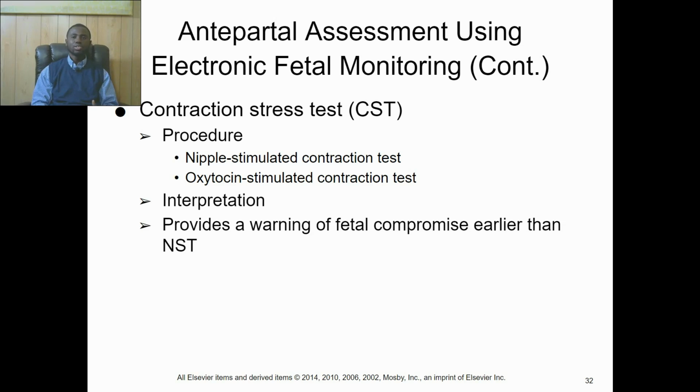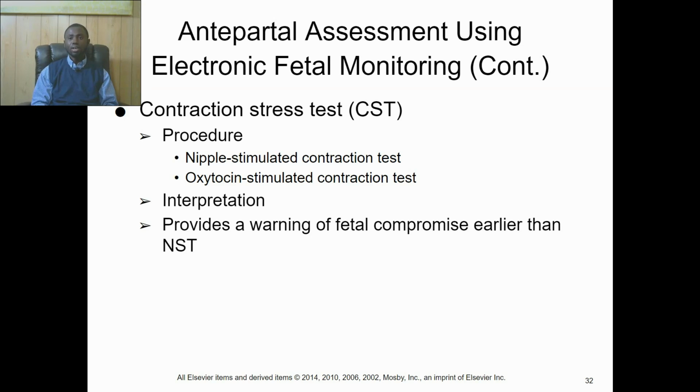The contraction stress test is more time-consuming and expensive than the non-stress test. It is also an invasive procedure if oxytocin stimulation is required instead of nipple stimulation.